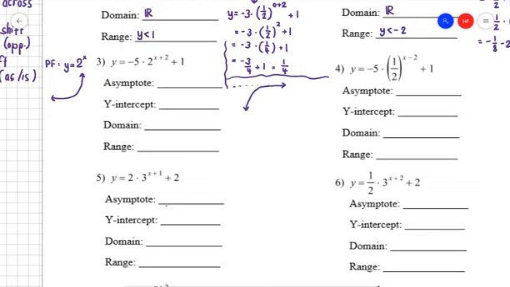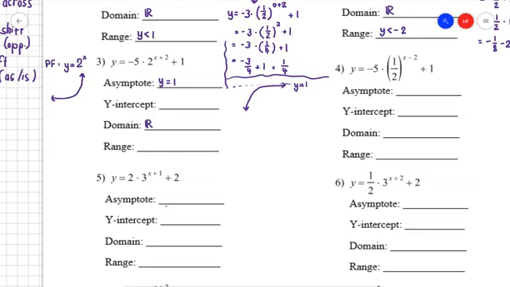And the asymptote has moved from 0 up 1, so that's y equals 1. And the reason we focus on the up and down movement for the asymptote is because the asymptote is a straight left to right line. If I move it 2 units left, it doesn't matter because it is still going on forever and ever left and right. So that's why we focus on that up-down movement.